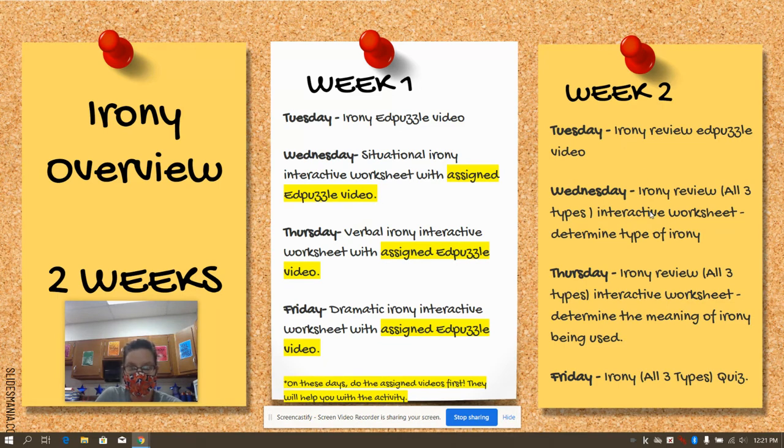Wednesday, we'll review all 3 with some type of interactive worksheet. And Thursday, we'll review all 3, focusing more on determining the meaning of the irony being used. Then that second week on Friday is when you'll have your quiz. That's when we're looking for 80% or better, so you know that you've mastered this skill of irony.